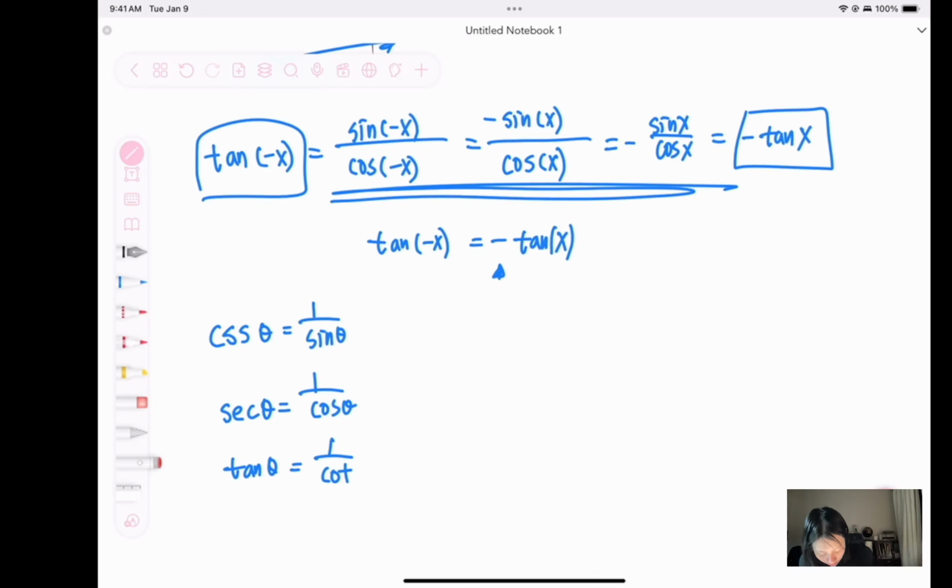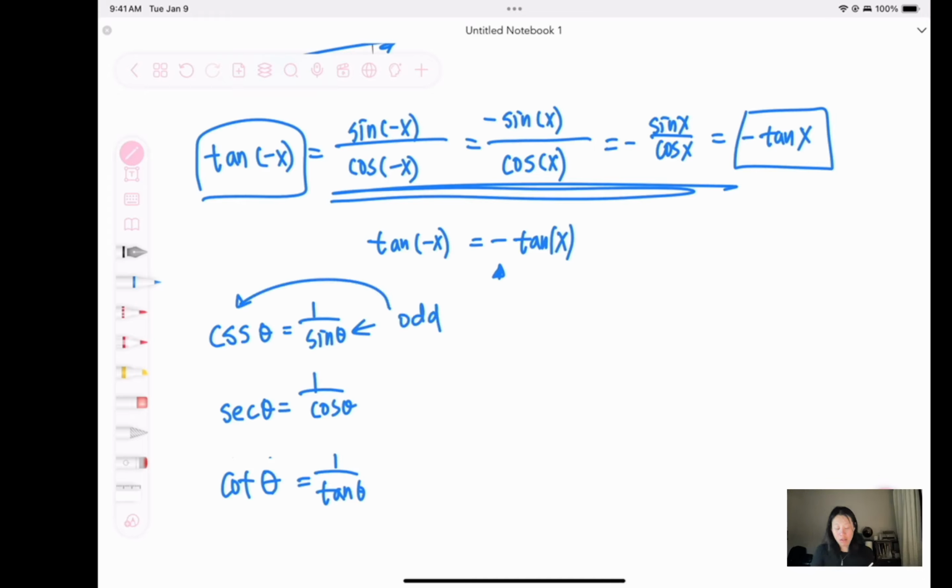Cotangent is equal to 1 over tangent. So if sine is an odd function, that means cosecant is also an odd function. Cosine is an even function, so that means secant is also an even function. Tangent is an odd function, that means cotangent will be an odd function. That's how I memorize all of them.